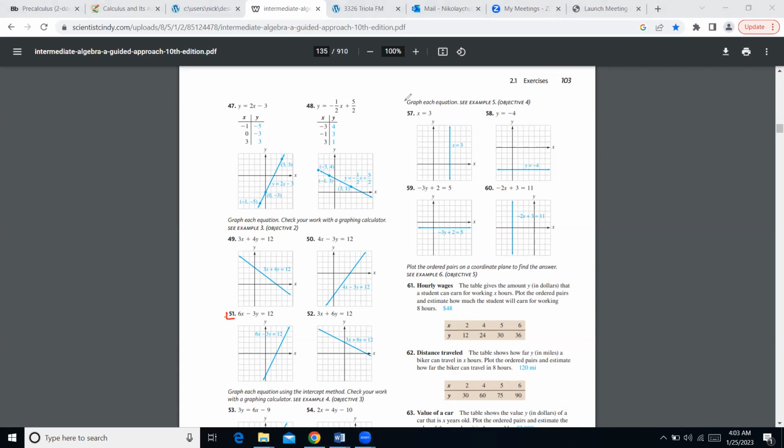It turns out all problems are pretty much the same, but one still needs to do a couple of them to make sure that you feel comfortable with these. So problems like 51 that has 6x minus 3 times y is equal to 12 should be graphed using a pair of different points, and these points should be, well, just about any numbers you like.